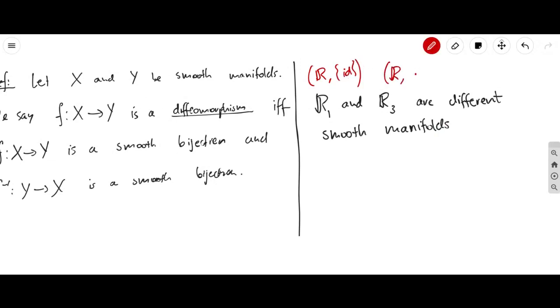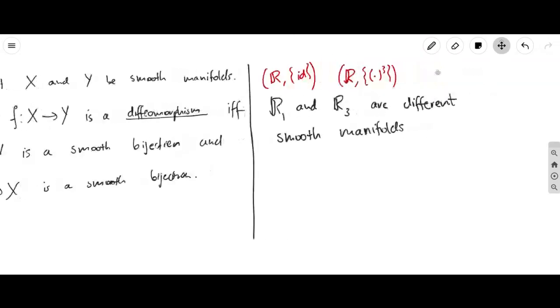And this is the real line again, and its atlas consists of just a single chart, and that's the cubing function. So these are different smooth manifolds. We saw that when we map one of them into the other by the cube root function, in one of them it's smooth and in the other one it's not smooth. So they're considered to be different smooth manifolds.